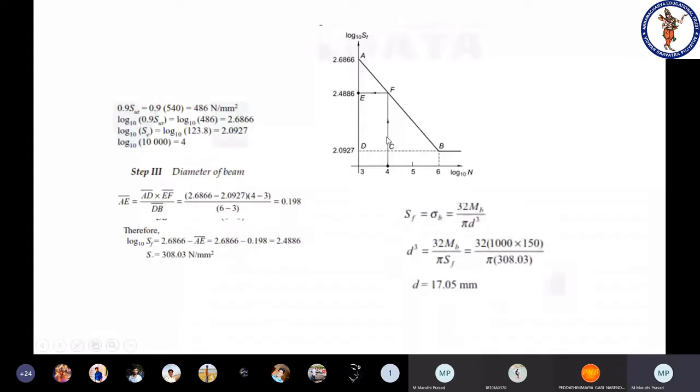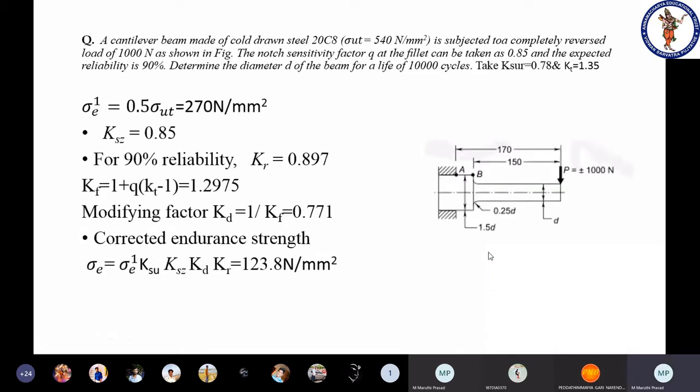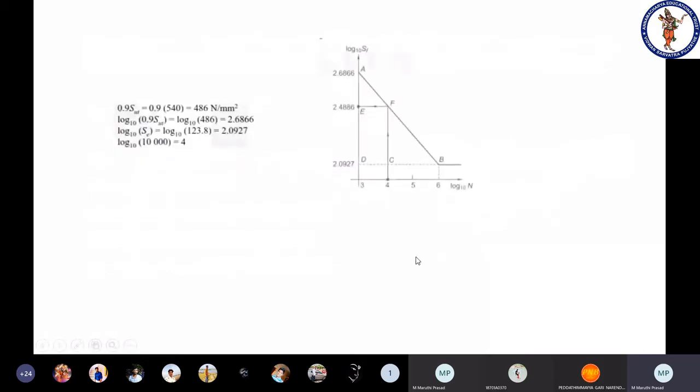Once we got this SF, the type of stress here is bending stress. So SF is equal to sigma B, that is nothing but 32 MB by pi d cube. With respect to this critical section, the bending moment is 1000 into 150.